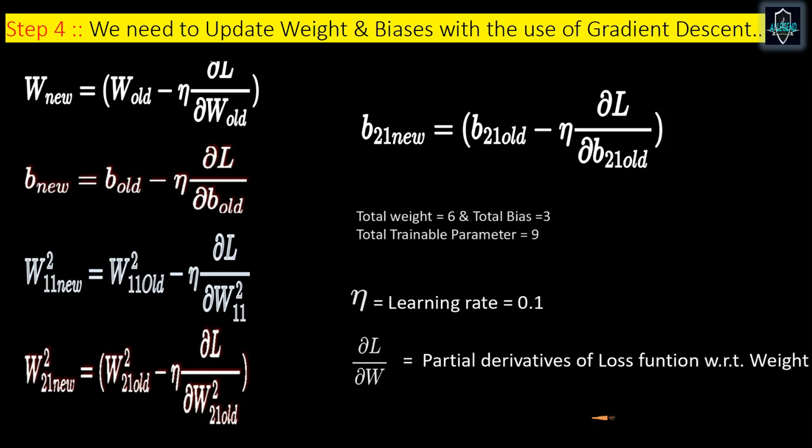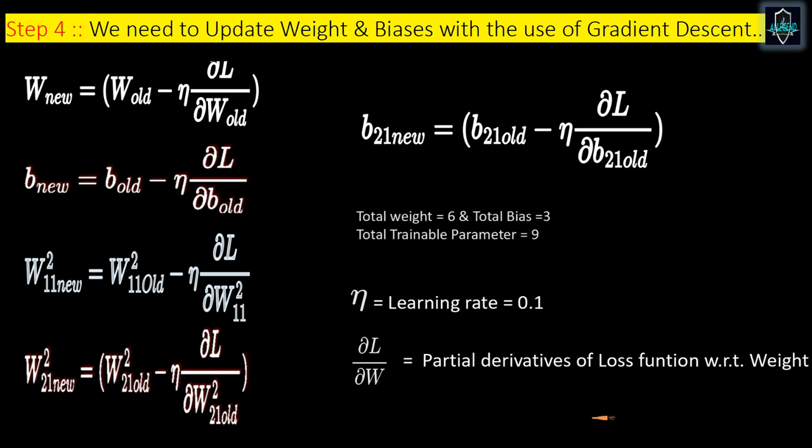The fourth one is W221 new, that is equal to W221 old minus eta del L over del W221. Alright, then the fifth one, B21 new, is equal to B21 old minus eta del L over del B21.